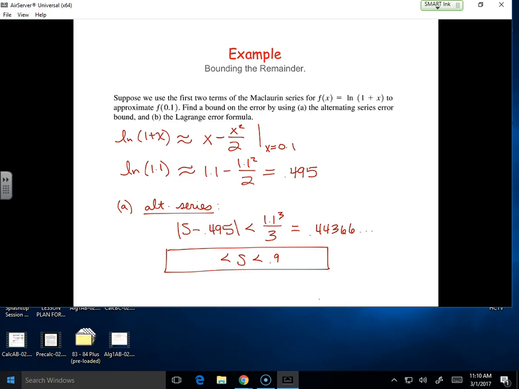What's on the other side? 0.51334. Negative or positive? Oh, positive. I was looking at the wrong one, making negative.